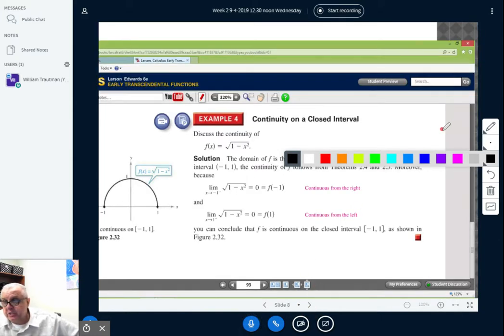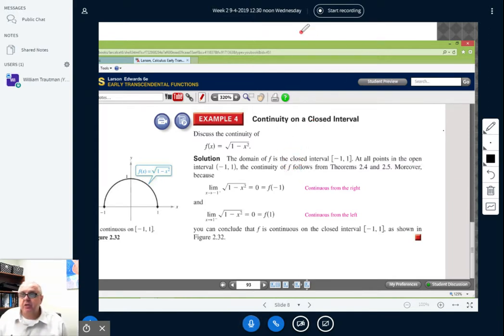All right, so we're still looking at discontinuity. And for this problem in the book, it just says discuss the continuity of this function, and we even have it graphed. And if you look at this graph, the graph only exists between -1 and 1 inclusively.